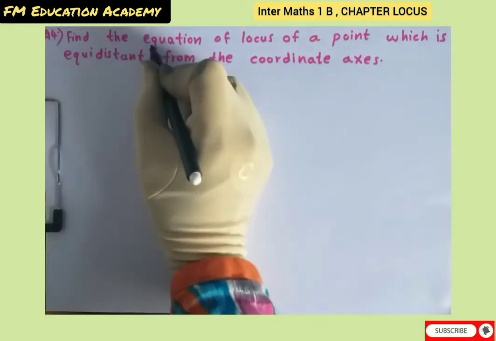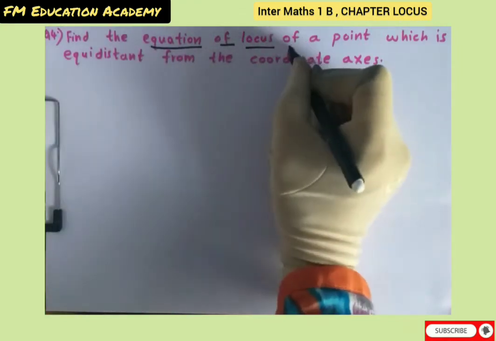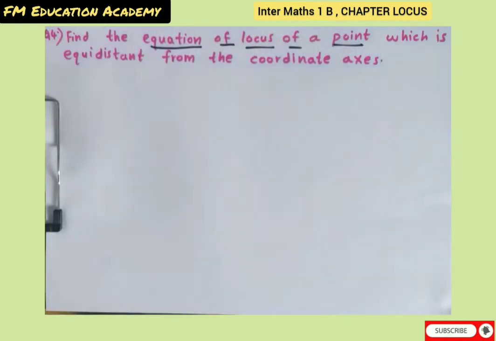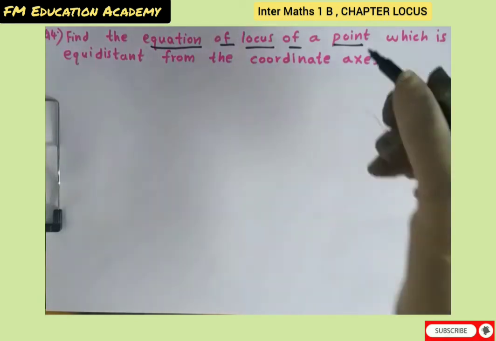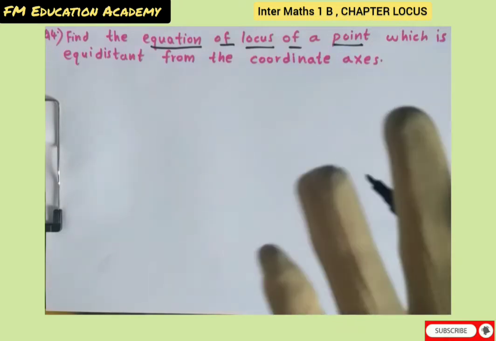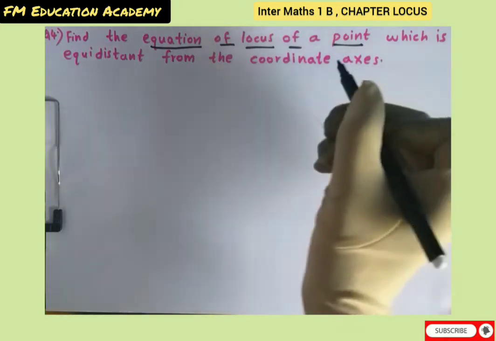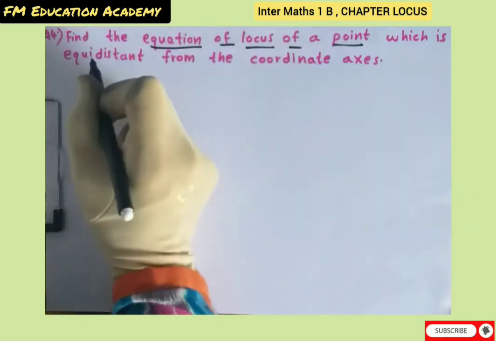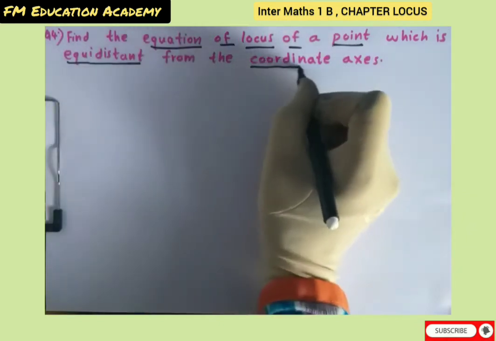It is telling us to find out the equation of locus of a point, that point is located at an equal distance from the coordinate axis.